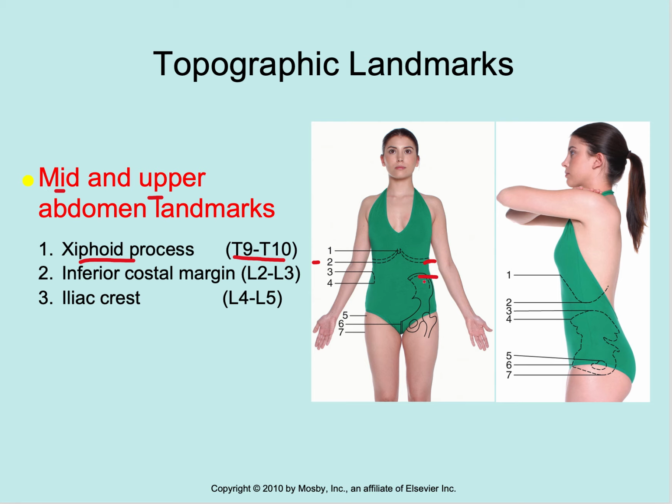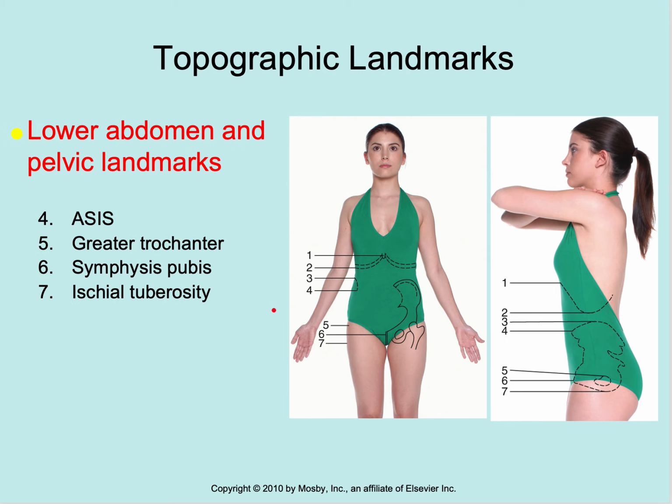So number 3, if you come across your iliac crest, is going to be around L4, L5, which is lumbar 4, lumbar 5 in your vertebral spine. And then we have ASIS. ASIS is anterior superior iliac spine, and that is a palpable landmark.